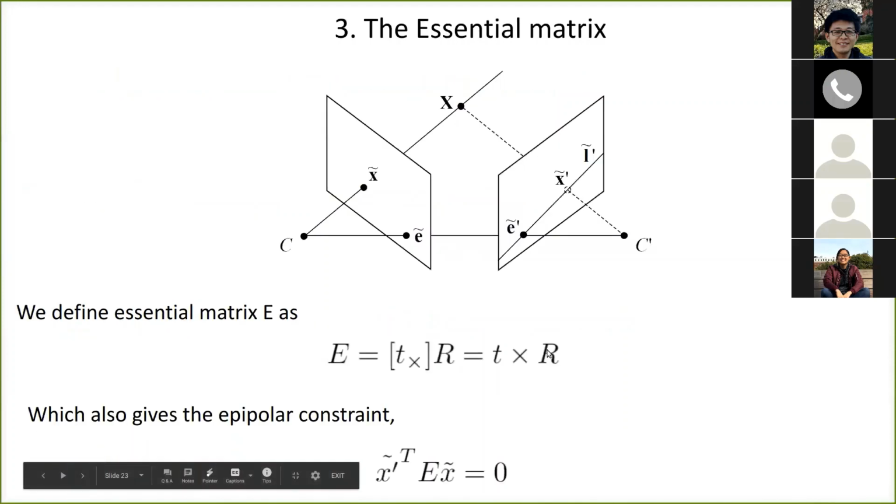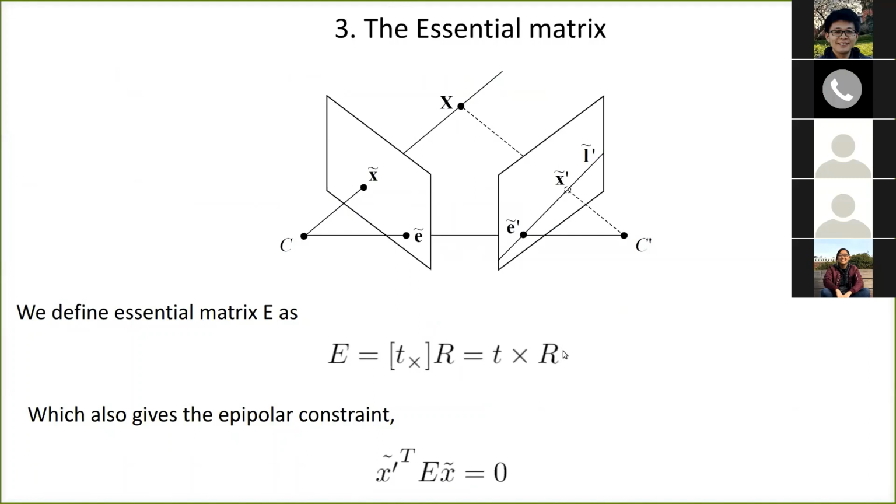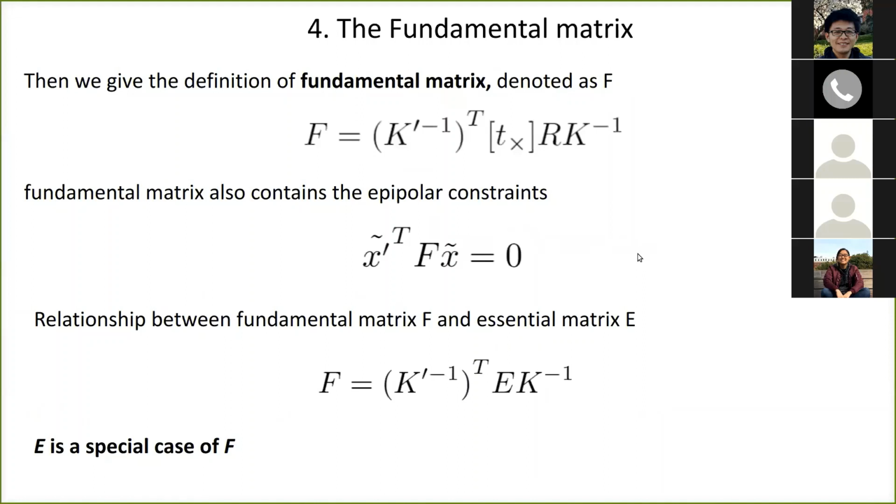When talking about the essential matrix, we usually don't consider the camera intrinsics, but in reality, we always have to consider the camera intrinsic matrix K. Taking the intrinsic matrix K into consideration and connecting the correspondences, we get the fundamental matrix, represented here.